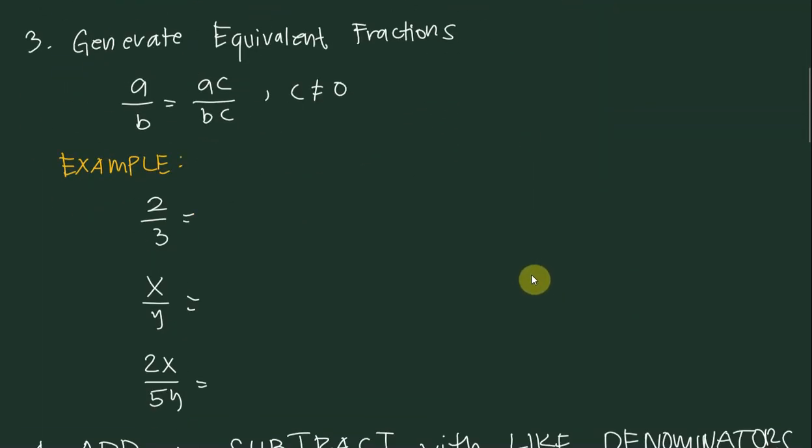Okay, so let's now proceed to the third one, generate equivalent fractions. If we're given A over B, this is equal to A times C over B times C. Multiplying the numerator and the denominator both by C is like multiplying A over B by 1, so it will equal A over B. Okay, so let's give an example here. 2 over 3, so let's multiply this by 5 and 5.